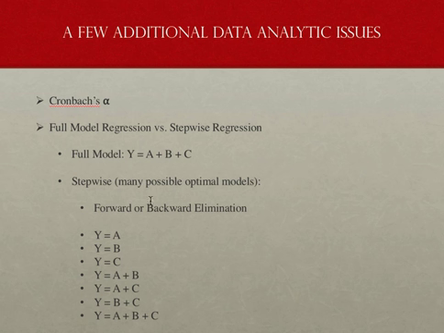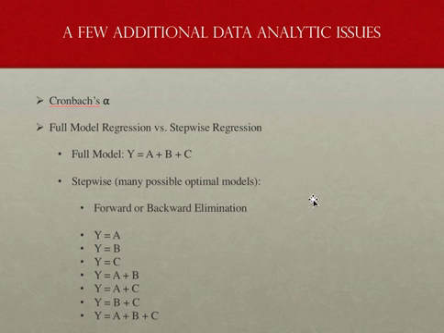And so there are two ways you could do that. You could start with the full model and then through backward elimination work backwards, eliminating variables that don't have much explanatory power. Or you could start with the simplest, no predictors, and then bit by bit through the forward iterative process, you could add variables until you think that the addition of additional variables doesn't increase sufficiently the explanatory power.